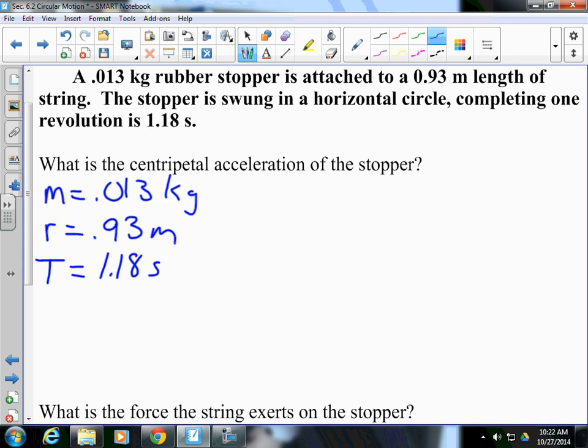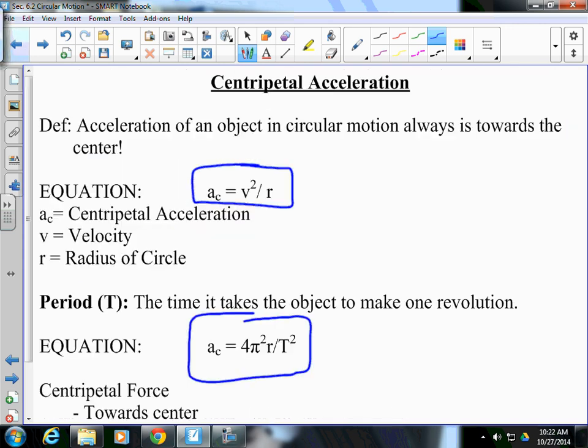It's asking us to solve for centripetal acceleration. We have two choices to solve for centripetal acceleration: v squared divided by r, or 4 pi squared r divided by t squared. We are given r. We are not given v, which means that our top equation is probably not going to work, and we're going to be stuck with the second equation.